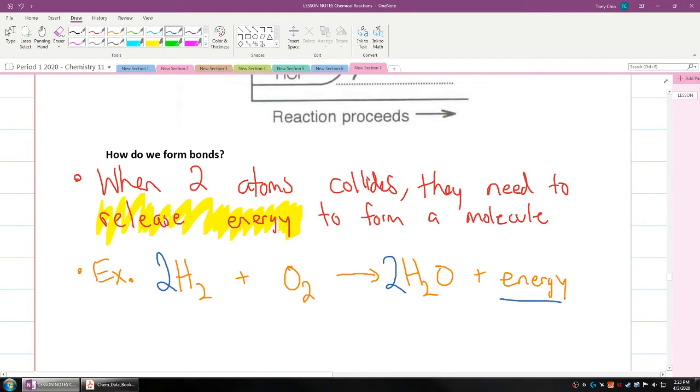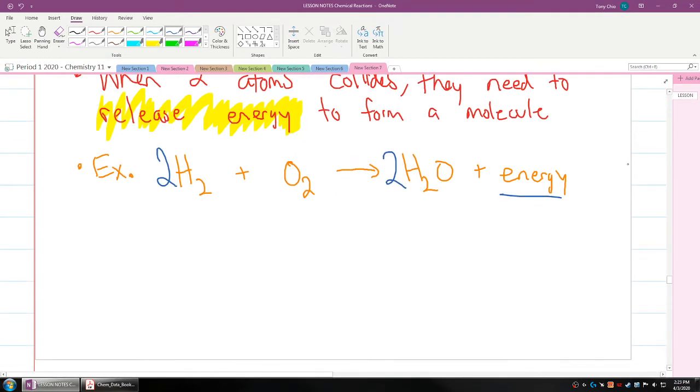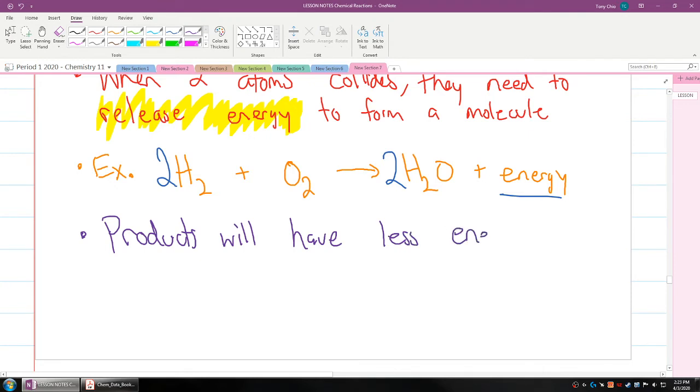This time you're going to release energy. And because you release energy in this situation, your products will now have less energy than the reactants.